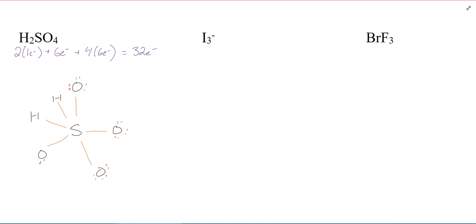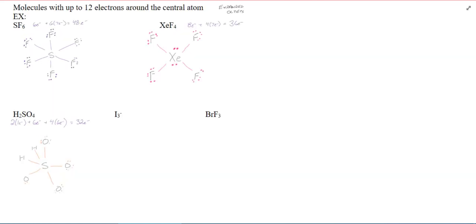I'm going to take a step back, and this is another reason why I am big on having you guys know the polyatomic ions. Really big on it. Why? Because this is sulfuric acid. It comes from sulfate, because we're going to learn something right now about this.